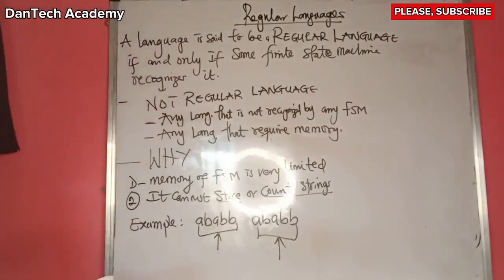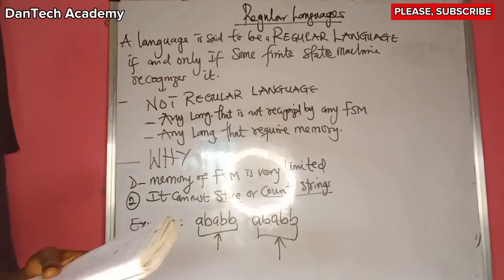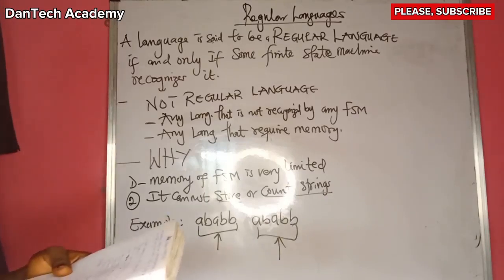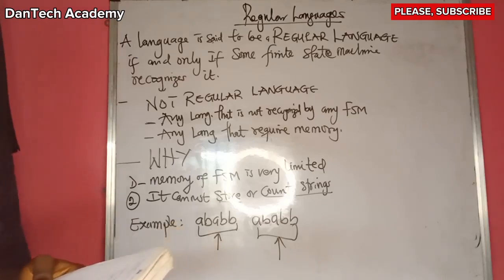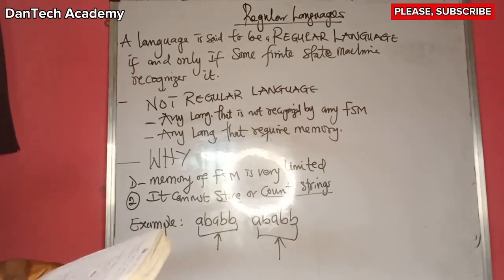Let me give you this very important note. The string ABABB was repeated because it was stored. But FSM does not store or count strings.